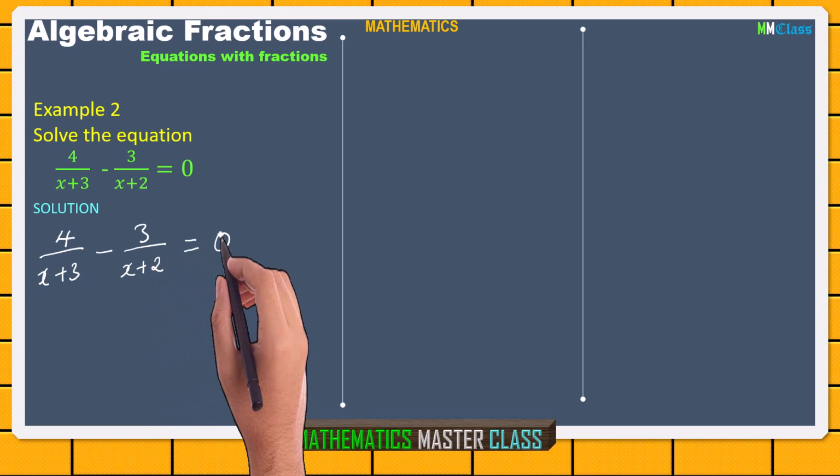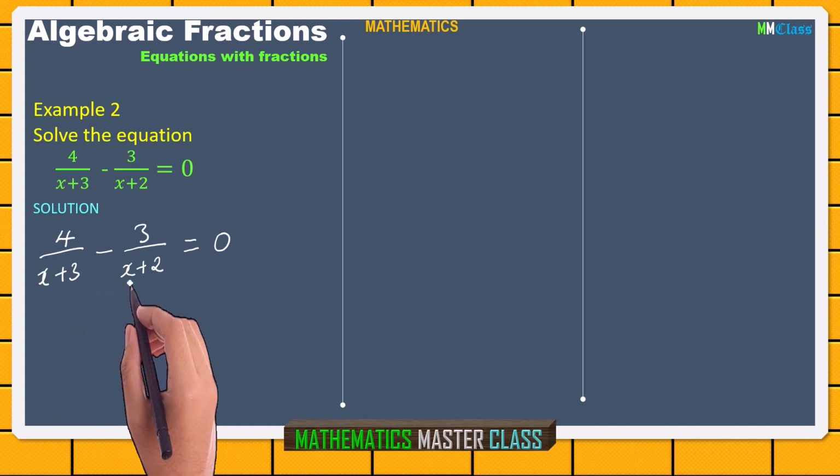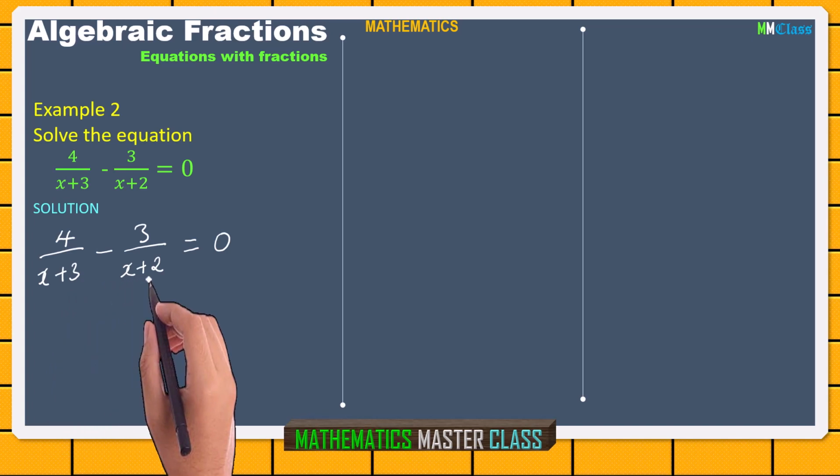Now let's clear the fractions first. The first step is to clear the fractions. The denominator of the first one is x plus 3 and the denominator of the second one is x plus 2. So this is what we are going to use to clear the fractions.